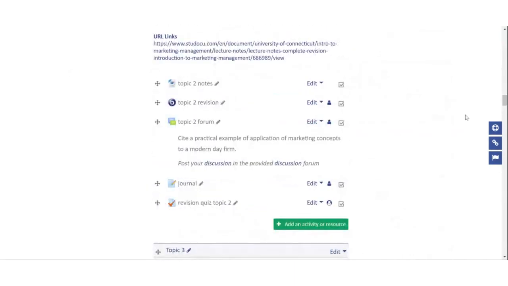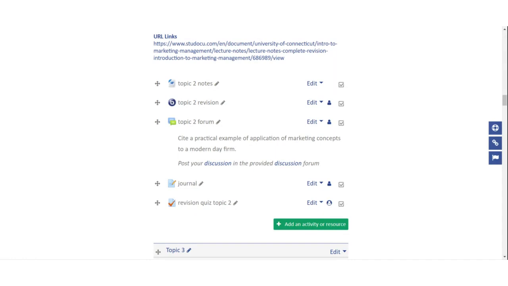You can see on topic 2, there are those activities, okay? Personal issues. What are personal issues? Now, topic 2, the activities there.